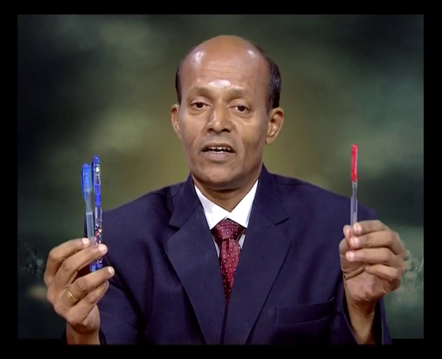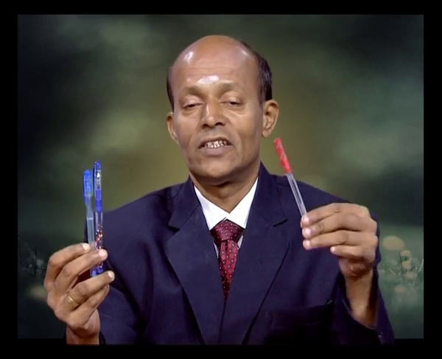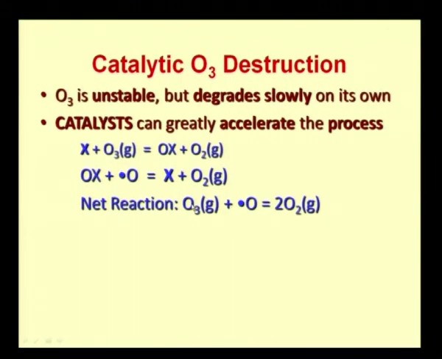And therefore, what is the net effect? This catalytic agent has reacted with one O3 and converted it into O2, and again it is now ready to react with other molecules. And therefore, what is the net result? The net reaction is O3 reacting with an oxygen, giving 2 O2.